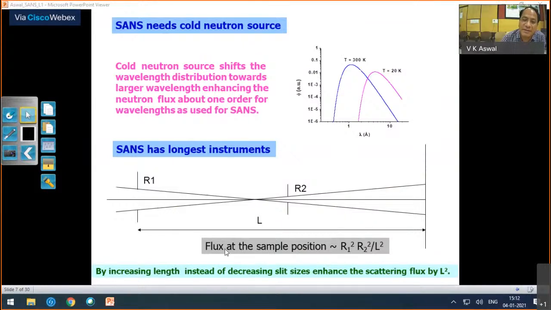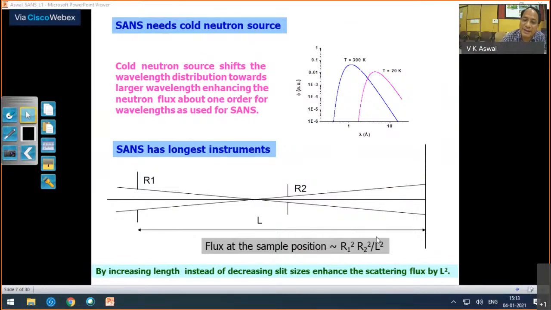In that case, the flux at the sample position will be given by this kind of expression. So it depends on the slit sizes of source and sample, and also the reciprocal of the square of the distance. So you have two options: either you decrease the slit sizes R1 and R2, or increase the length to go to small angles.